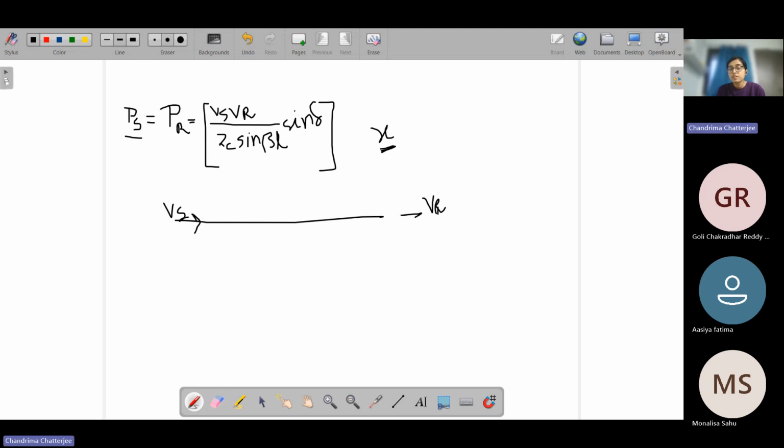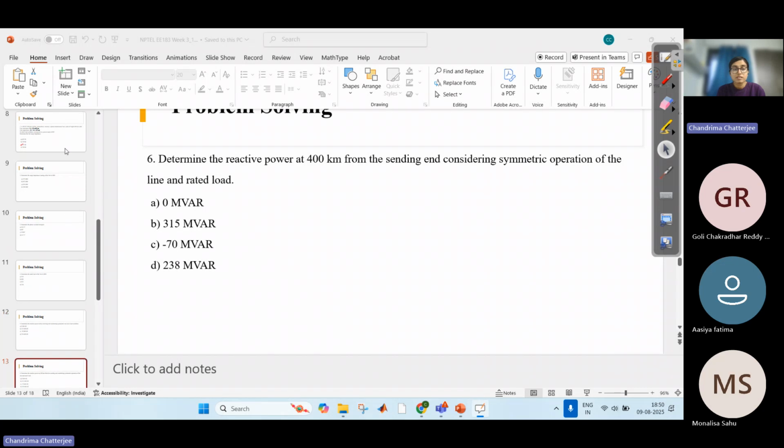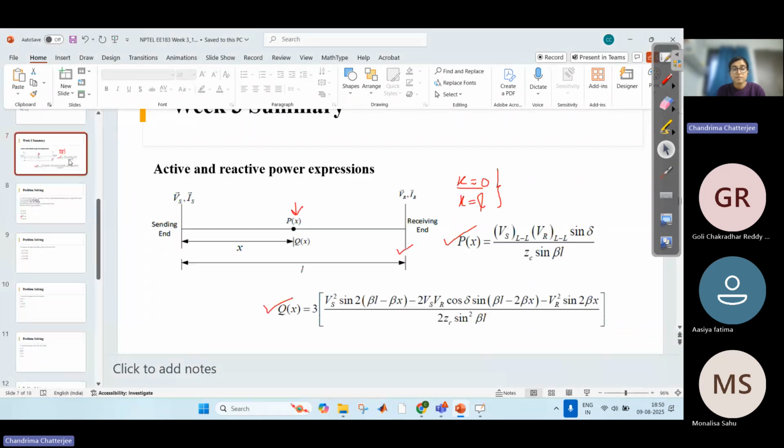Looking at this expression, Px can be the active power at any point from here to here for a lossless line.